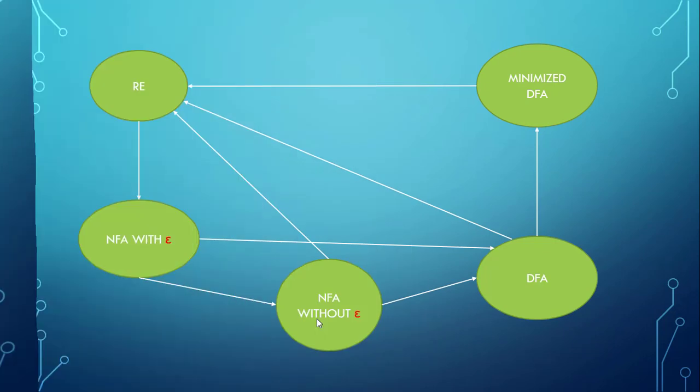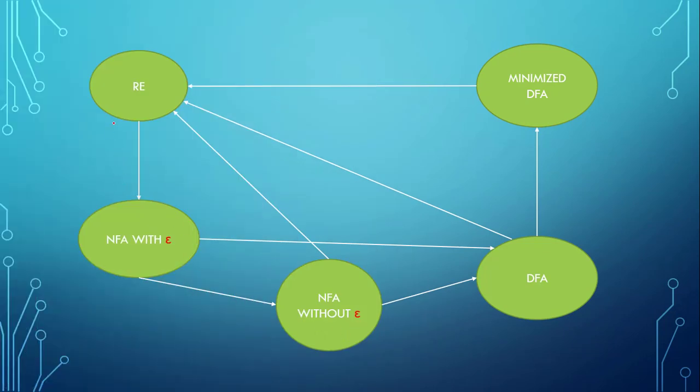Let us understand the flow that we will be using to convert our regular expression into DFA and from DFA to regular expression. So here from RE we will have NFA with epsilon being constructed, which is our first step. Then NFA with epsilon to DFA is our second step.